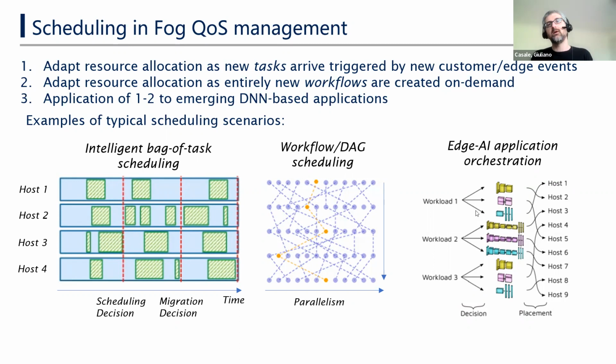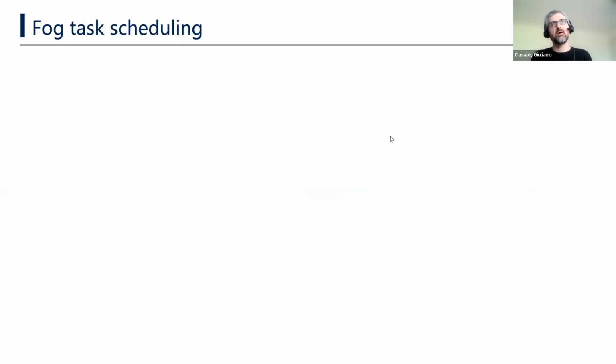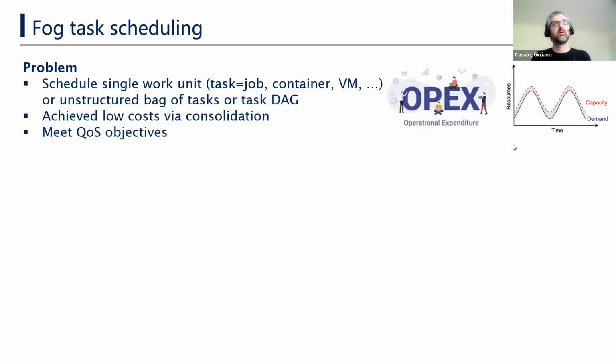And then I will spend a couple of slides to illustrate an application to the kind of software systems we discussed at the beginning, so edge AI applications like, for example, autonomous driving or this type of emerging applications. So let's get started, therefore, with first describing scheduling in general.